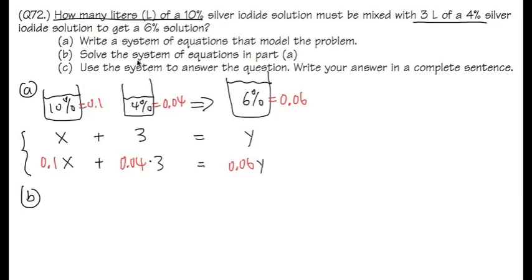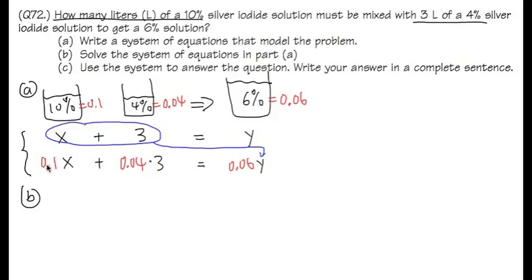Part B says we are going to solve the system of equations that we have in part A. Well, let's just do the work. And perhaps if you use substitution in this equation, it's easier because the Y is being isolated already, and we know that X plus 3 is the same as Y from the first equation. And then from the second equation, we have the Y right here. So if I can plug in X plus 3 into this Y from the second equation, we can get rid of one variable, and that's the substitution method.